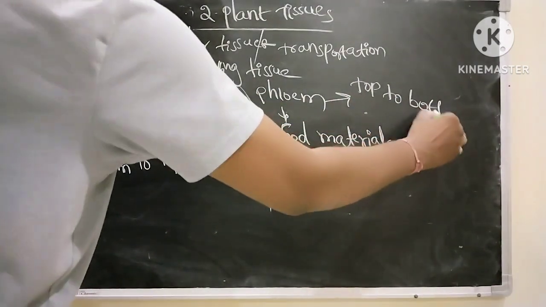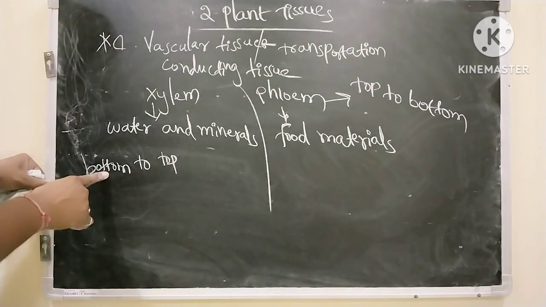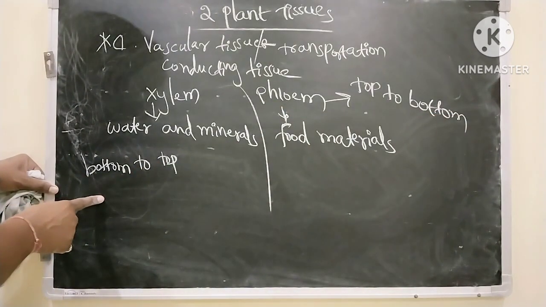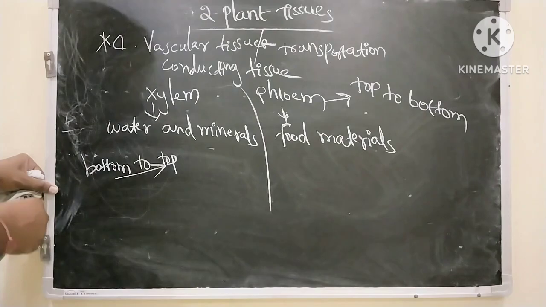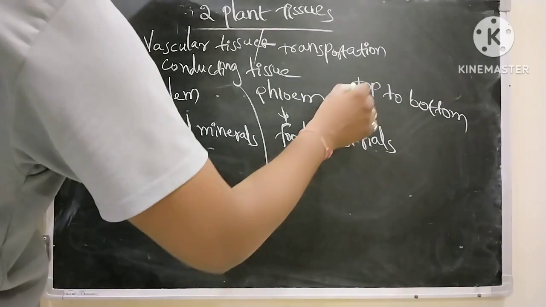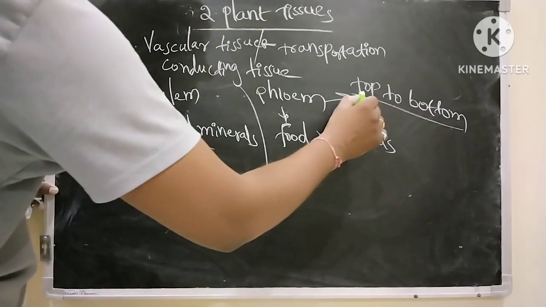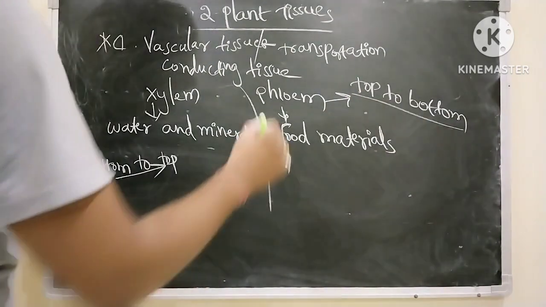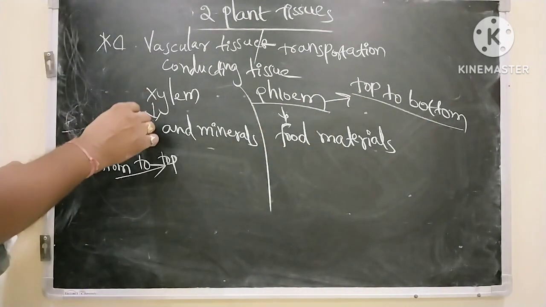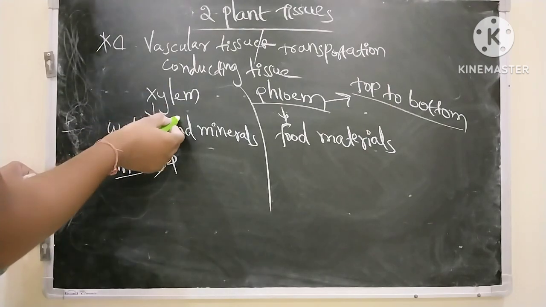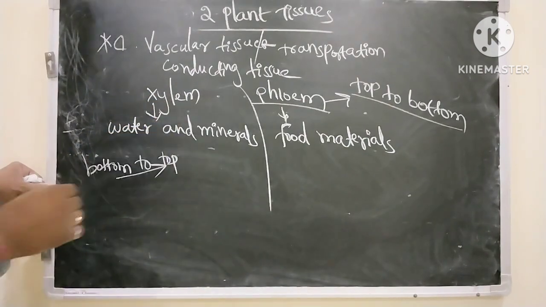Why? Because roots absorb water from the bottom, from the soil, and supply it to the upper parts of the plant body. And the leaves at the top prepare food materials, and those food materials have to be brought from top to bottom by phloem tissue. Xylem and phloem are present in leaves, stem and roots also.